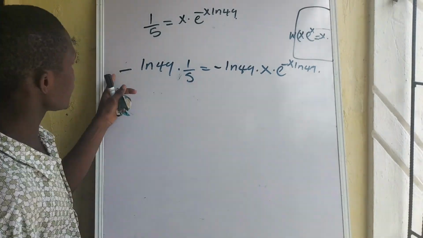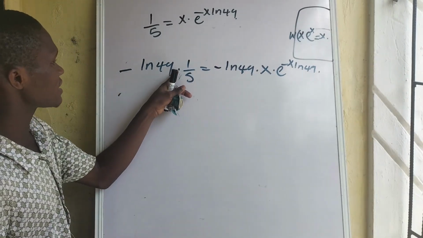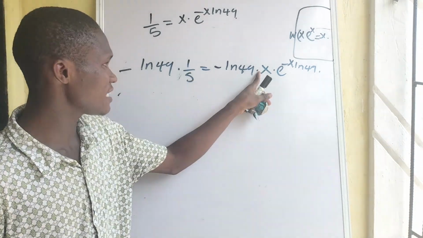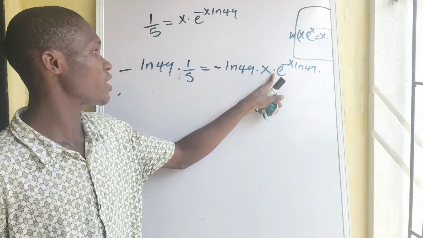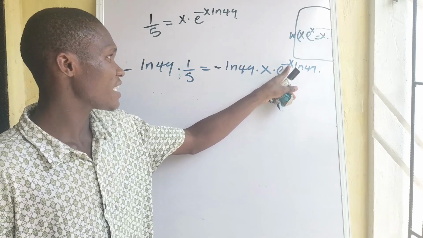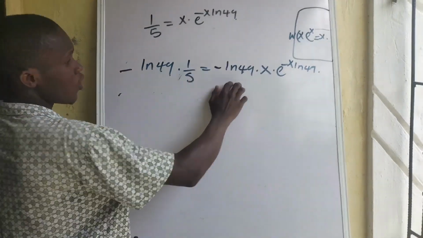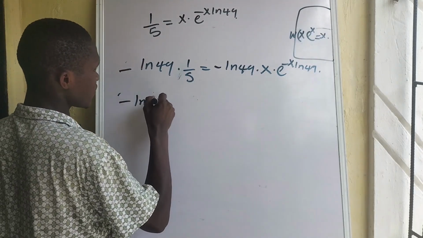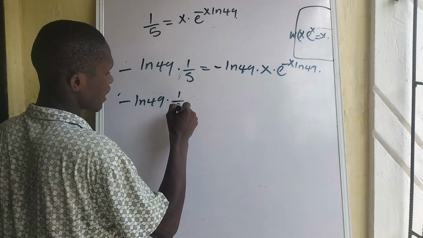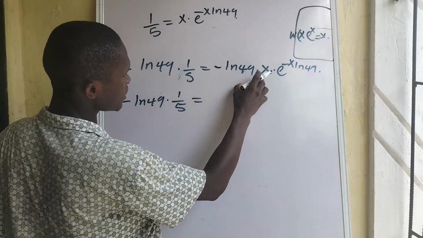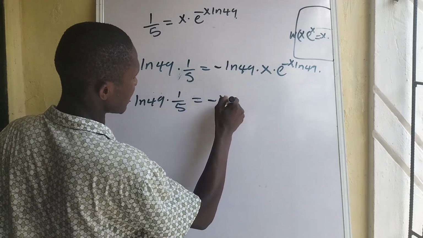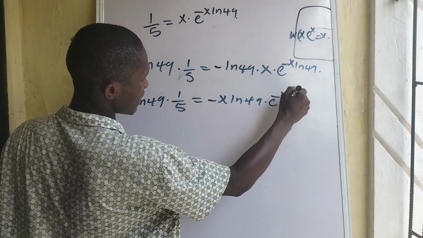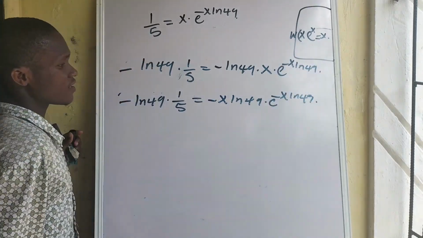Rearranging this, we have minus ln 49 times 1 over 5 equals minus x ln 49 times exponential minus x ln 49.